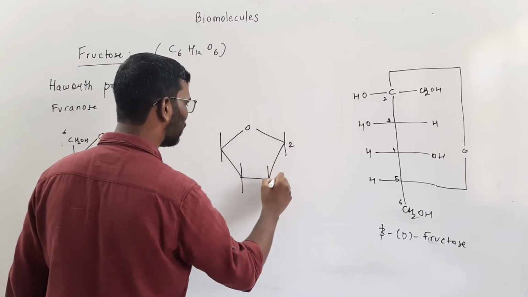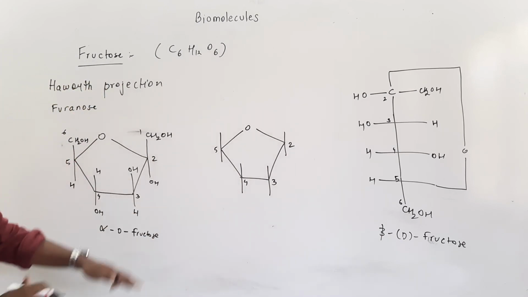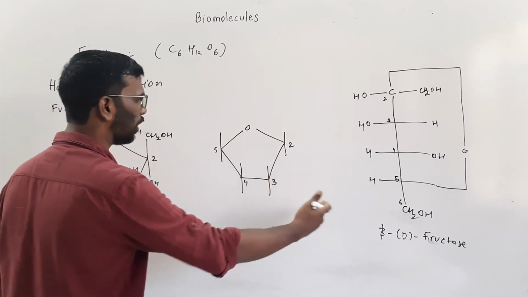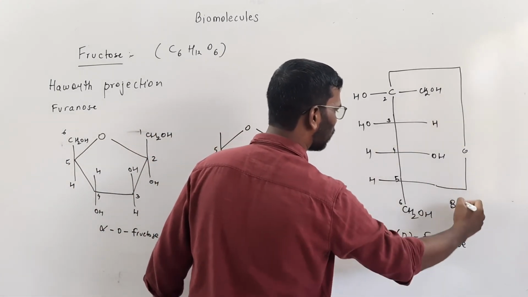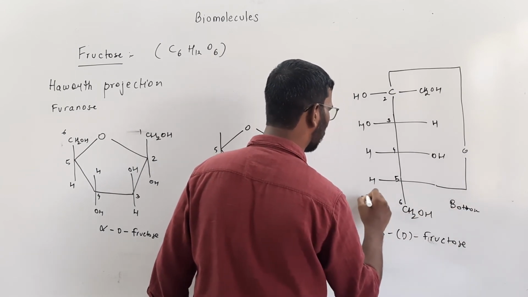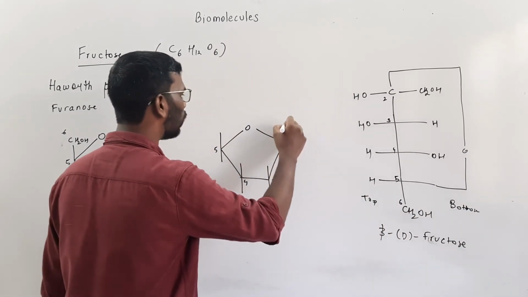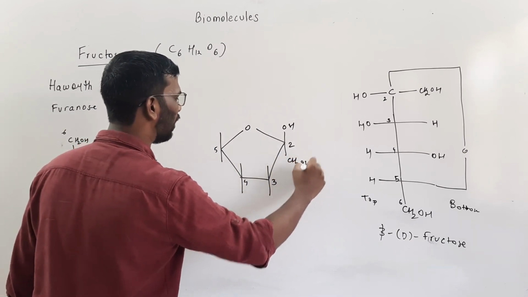This is 2, this is 3, 4, 5. On the second carbon, OH is on the left; something which is on the left will be at the bottom when something is on the right. And this is top. So OH over here will be on the top and CH2OH will be down.